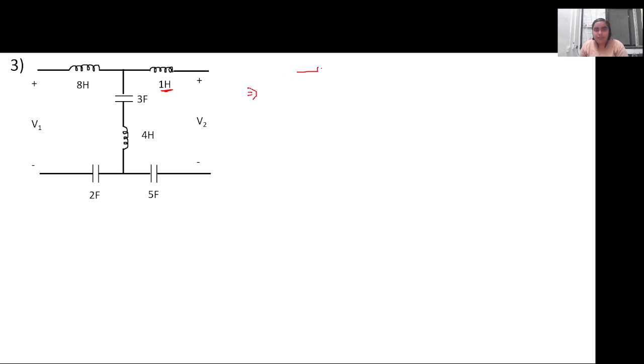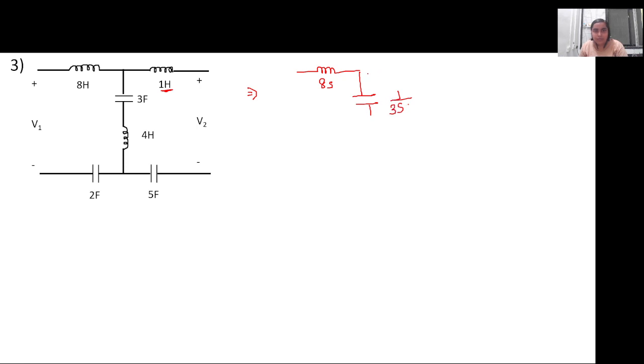For example, in this case, this will be equal to 8S. You remember while we were solving a normal circuit using inductor and capacitor, in case of a capacitor we had written 1 by j omega or 1 by s into c, right? Which here is 3s.